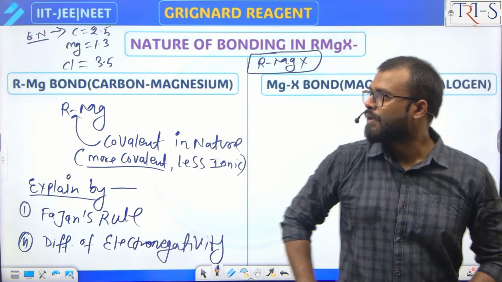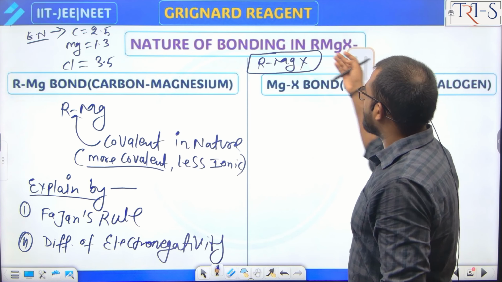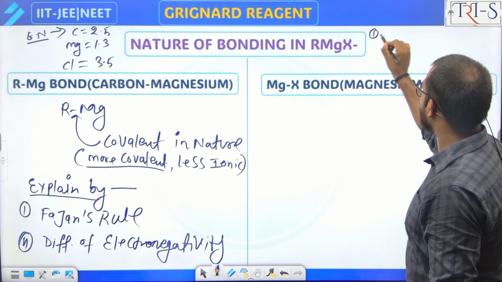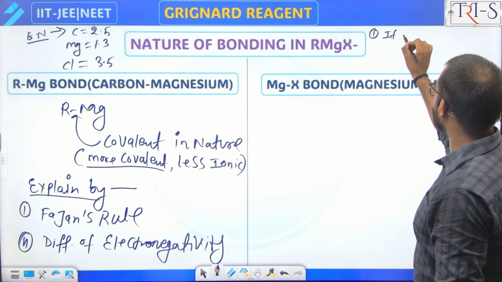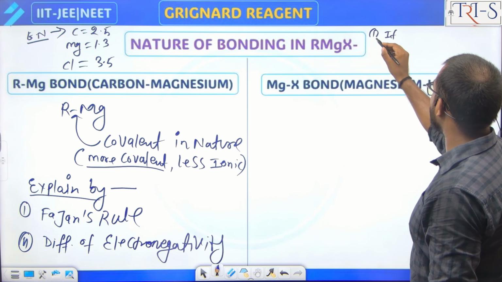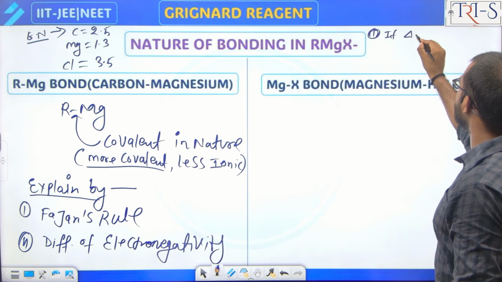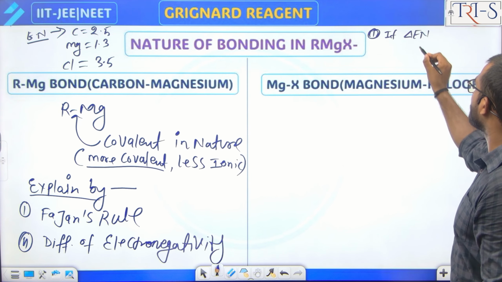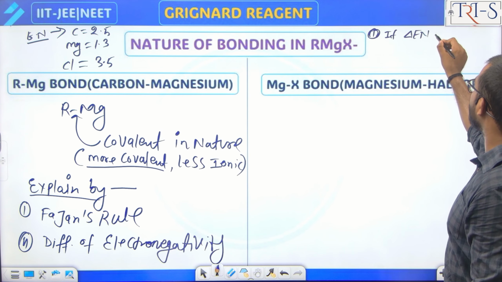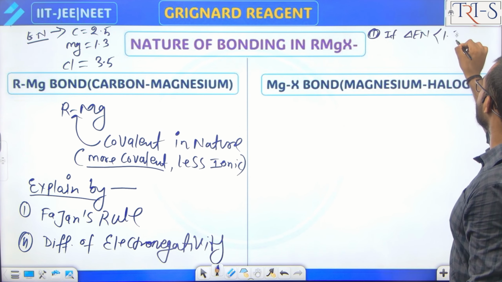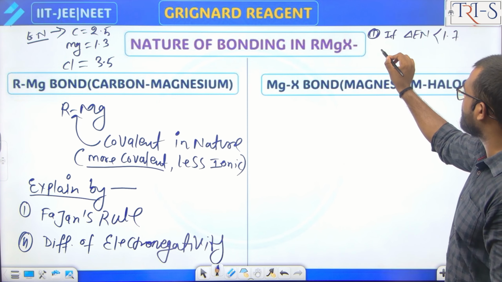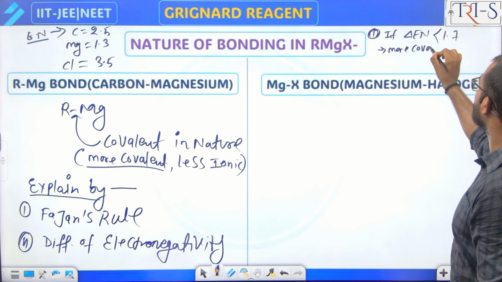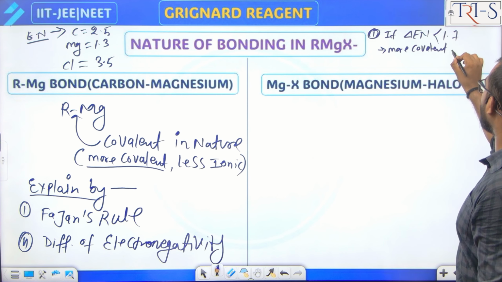So the main concept is: if the difference of electronegativity between two elements in a compound is less than 1.7, then it has more covalent and less ionic character.